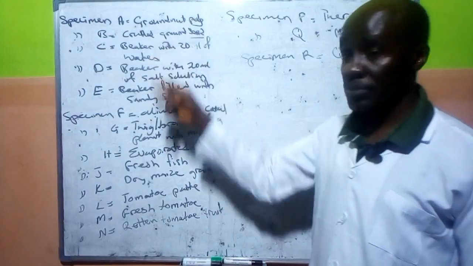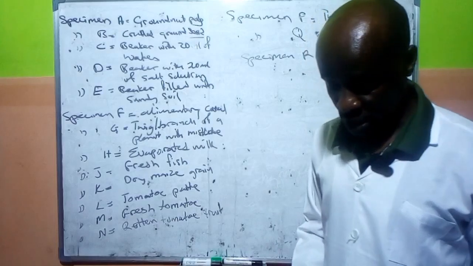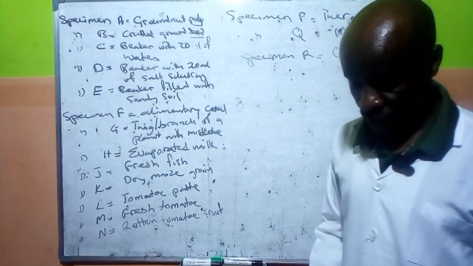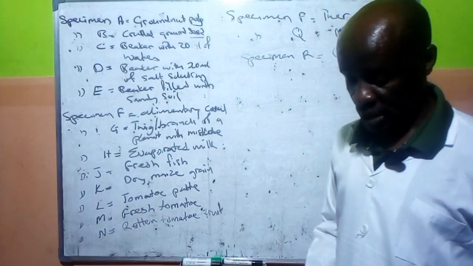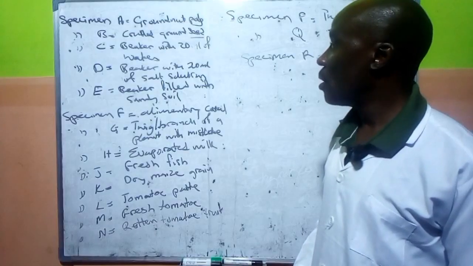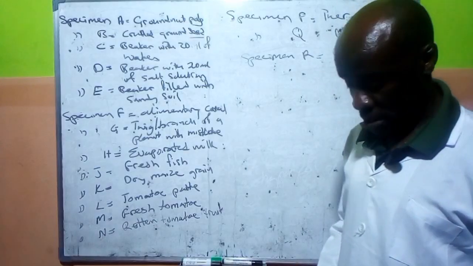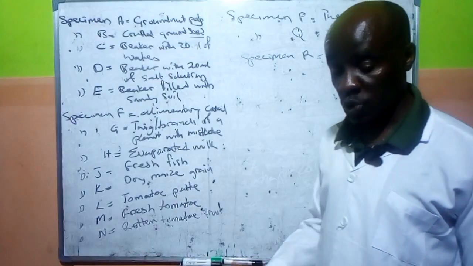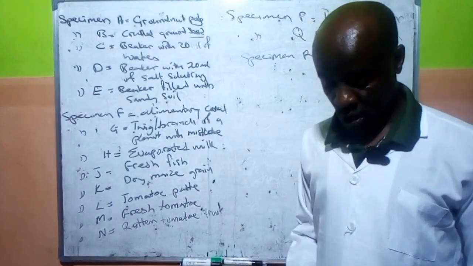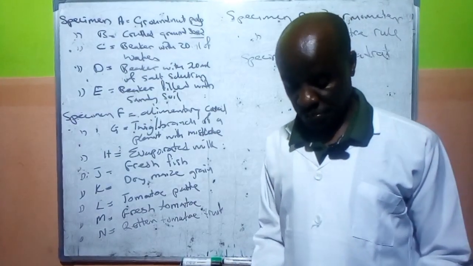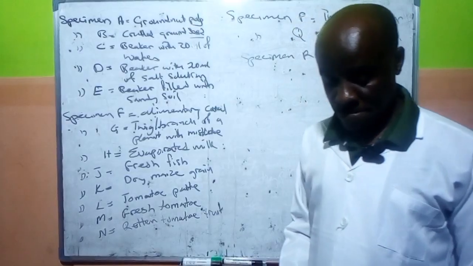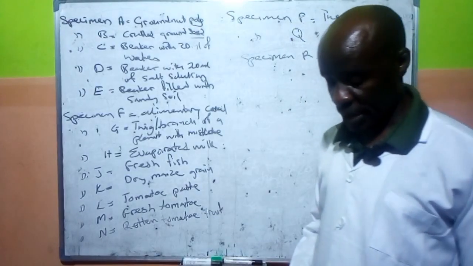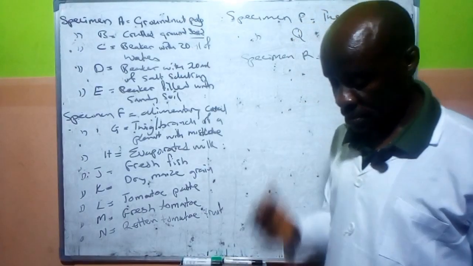Then specimen C is a beaker with 20 ml of water. Then specimen D is a beaker with 20 ml of table salt solution. Then specimen E is a beaker filled with sandy soil.